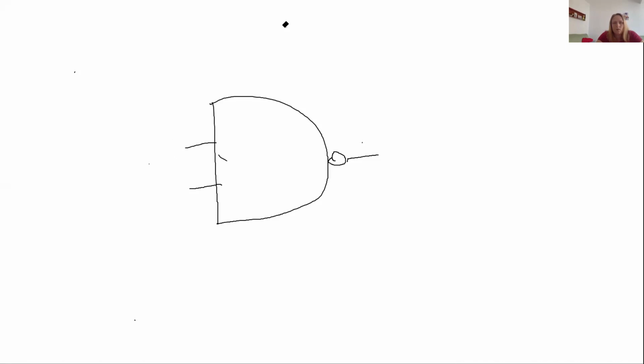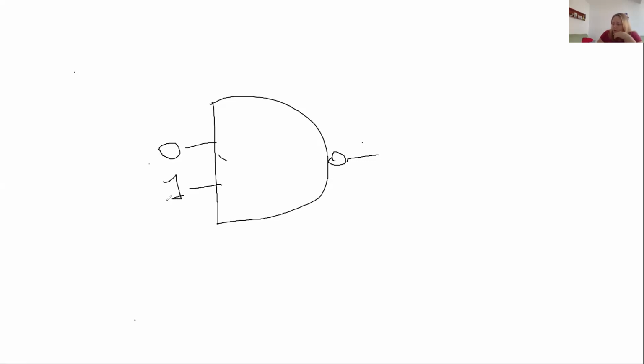So if I had, for example, this is where we've got the AND bit, but again, it does the opposite. If we had this as 0 and this as 1, what will be the output?